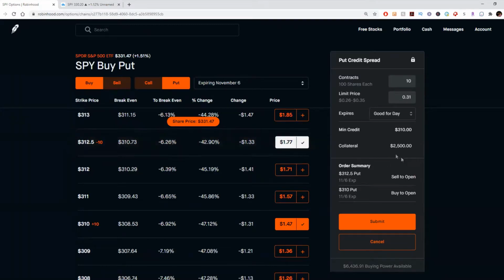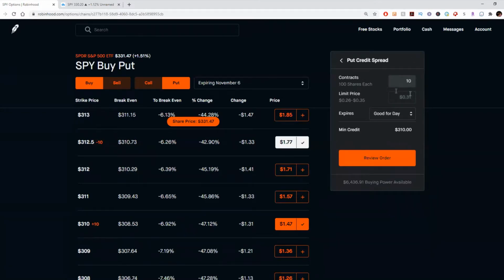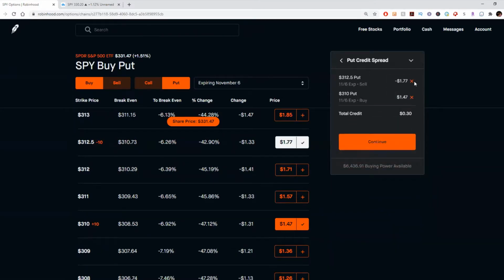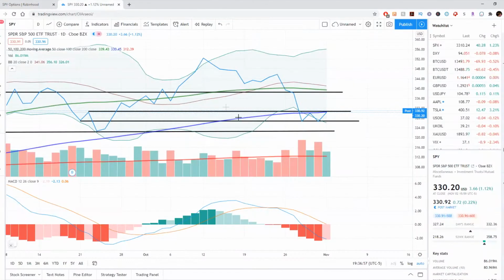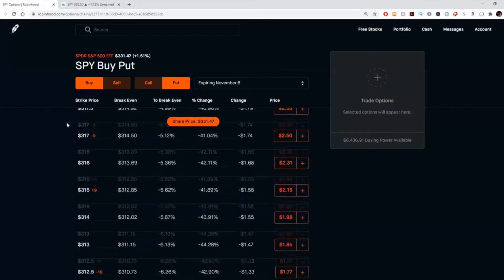Now, in case it looks like this collateral or the risk is too much compared to how much credit you're actually getting, the reason is that you're exchanging lower credit for lower risk, okay? If you want to go with a higher credit, what you could do is, let's say instead of the 200-day moving average at 312.50, you decided, okay, this is a pretty strong support, and I think SPY will stay above 322.50.